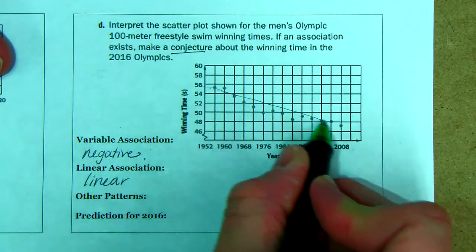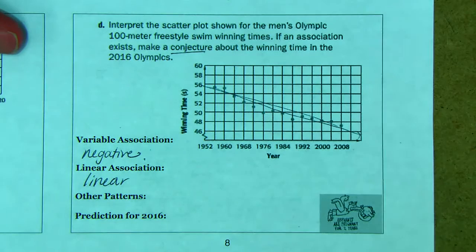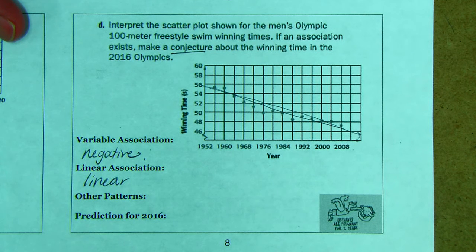All right, other patterns, I would say there really isn't a cluster, and there really aren't any outliers. It's pretty good data. So I would say no other major patterns. And then a prediction for 2016. Now, you'll see it's going up by 4. So here's 2004, here would be 2012, and here would be 2016.